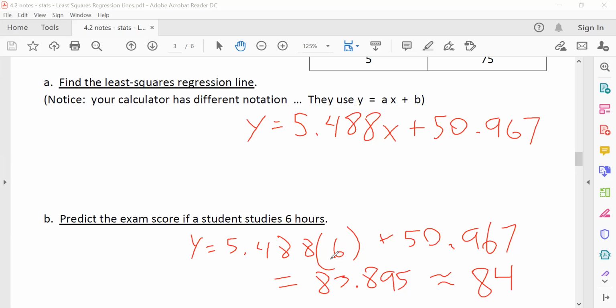Now, you can tell then, because the slope is 5.488, based on the previous interpretation of slope that we've made, for every 1 unit increase in x, we expect an increase in y of 5.488. And it's an increase because the slope is positive. So that's going to be our interpretation of slope here. So if the student would have studied about 2 more hours, she or he could have expected about 11 more points on the exam, or a 95.